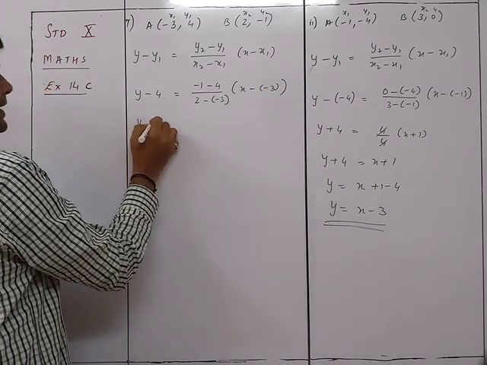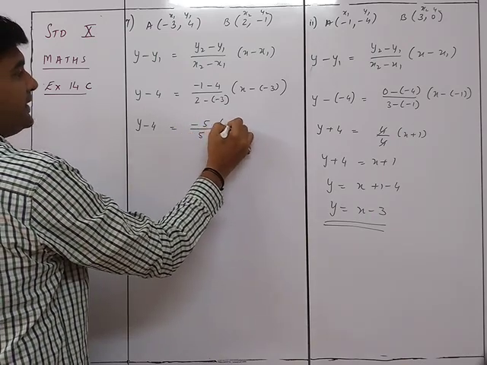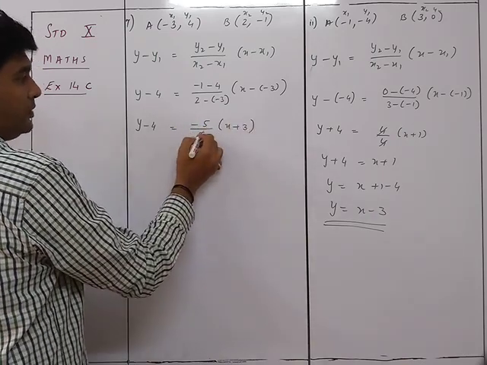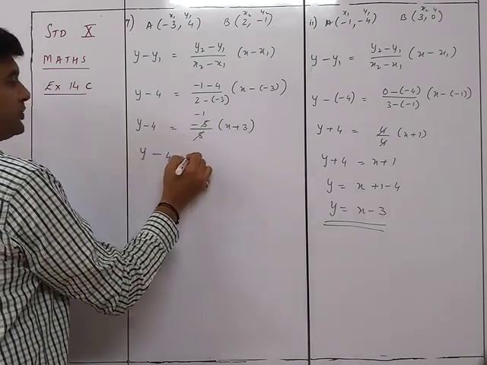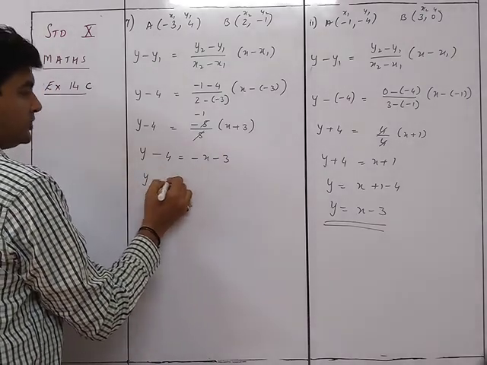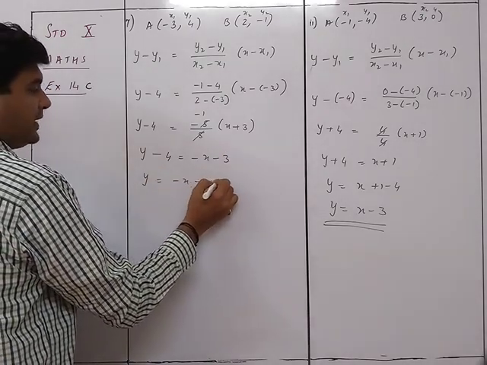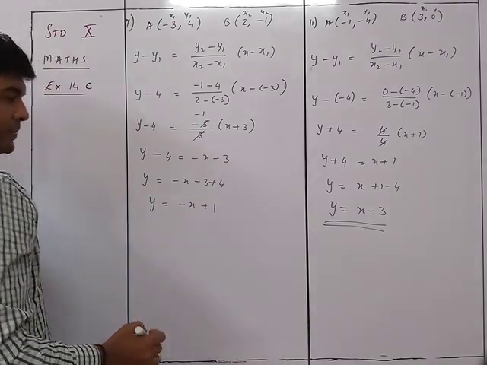That gives me y minus 4 is equals to minus 5 upon 5 x plus 3. So that cancels to minus 1. So y minus 4 is equals to minus x minus 3. So y is equals to minus x minus 3 plus 4. Y is equals to minus x plus 1.